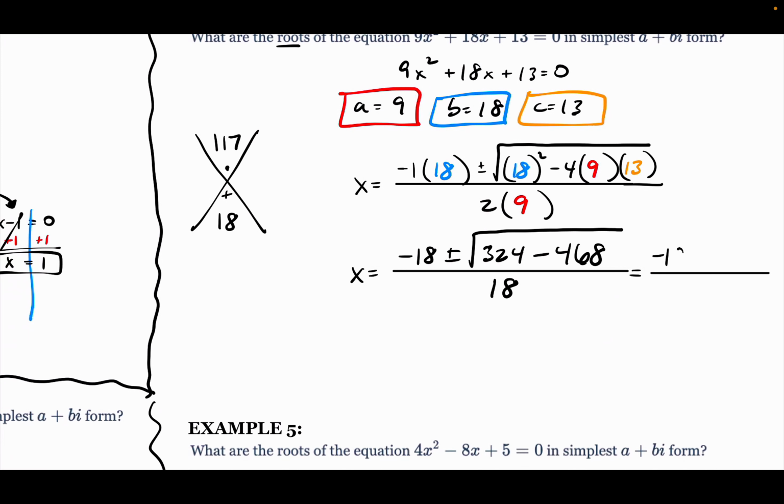Okay, so we got -18 plus or minus. Underneath the square root, I have to subtract. So I get -144. Okay, so I get -18 plus or minus.